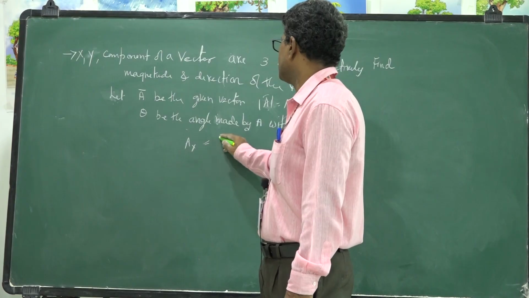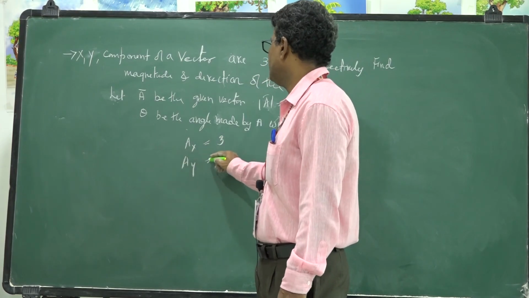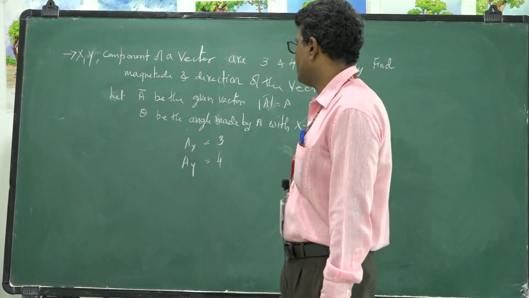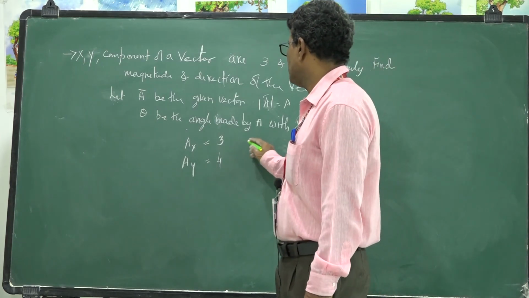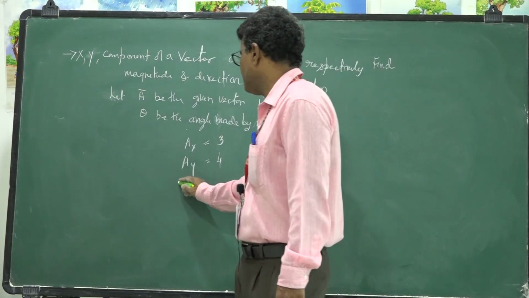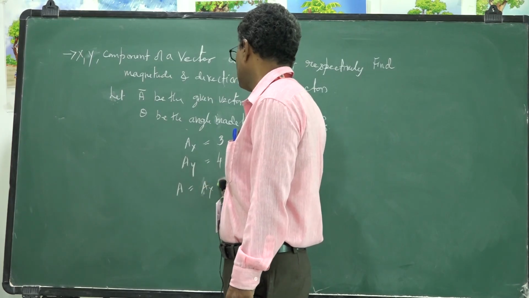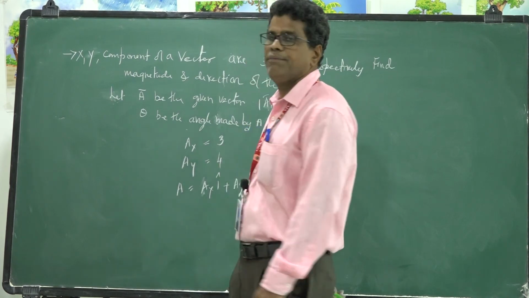So what is its x component? Let it be ax, which is 3. That is given. What is the y component? 4. The vector can be written as ax i cap plus ay j cap.